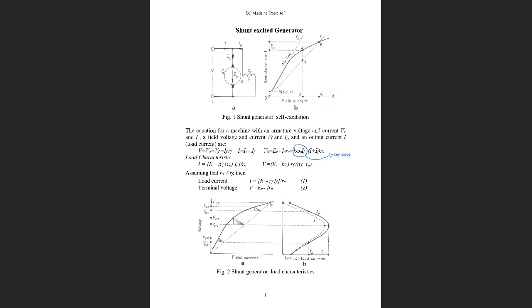Meanwhile, because of the internal generated voltage and the field, the loading current causes some voltage drops on the armature. So the terminal voltage changes with the loading current.